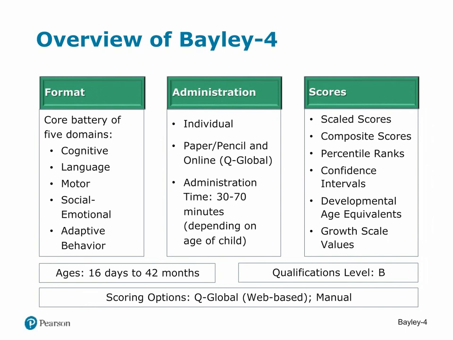The Bayley-4 is administered to one child at a time and will be available in paper and pencil format and in digital format. Depending on the age of the child, the assessment can be completed within 30 to 70 minutes. The instrument will yield scaled scores at the subtest level, composite scores at the domain level, as well as percentile ranks, confidence intervals, developmental age equivalents, and growth scale values.